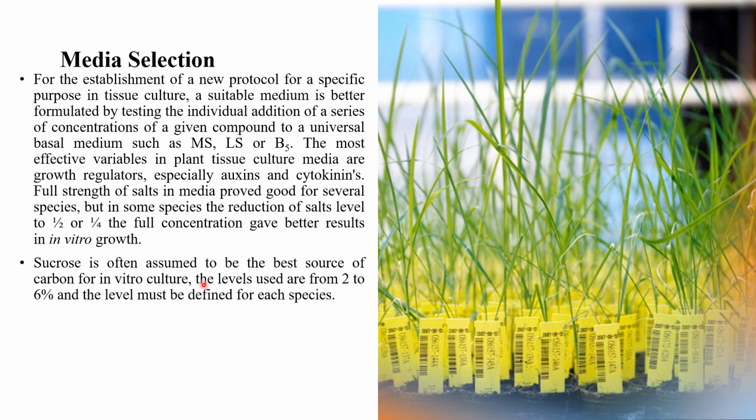Sucrose is often assumed to be the best source of carbon for in vitro culture. The level used is from 2 to 6 grams per liter, and the level must be defined for each species of plant.